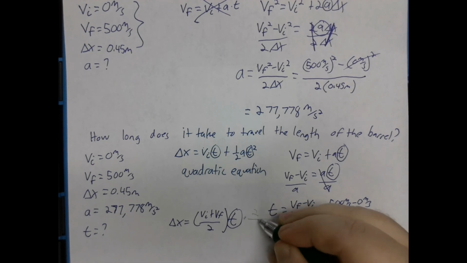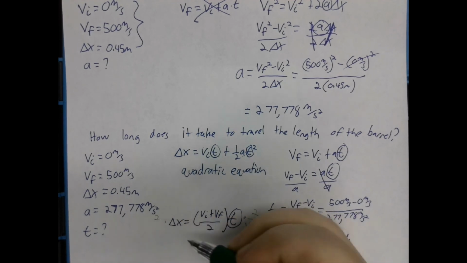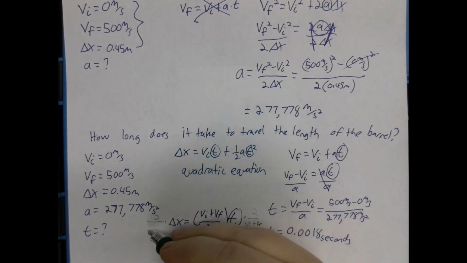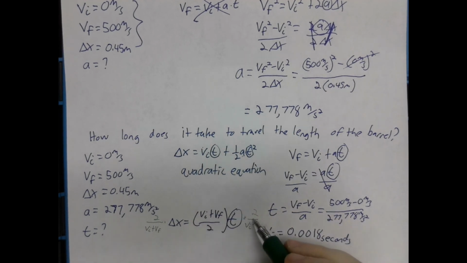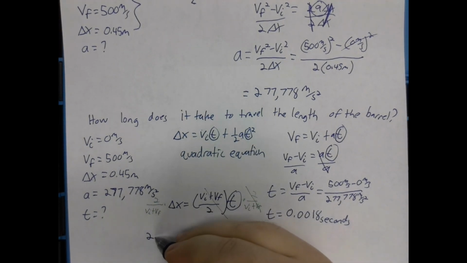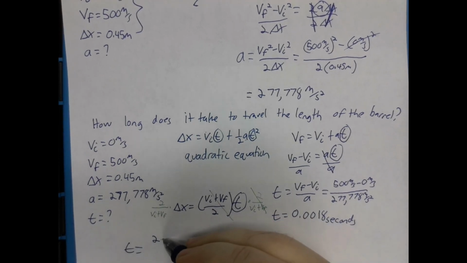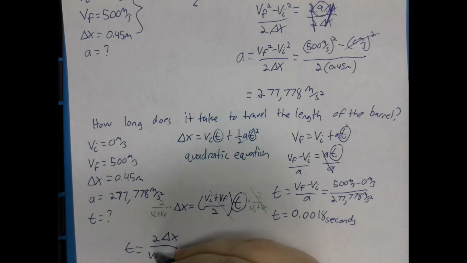So 2 divided by Vi plus Vf, the reciprocal. You can multiply both sides by the reciprocal to cancel it out. Vi plus Vf, so this times the reciprocal cancels each other out. And we're left with only t, so t equals 2 delta x divided by Vi plus Vf.